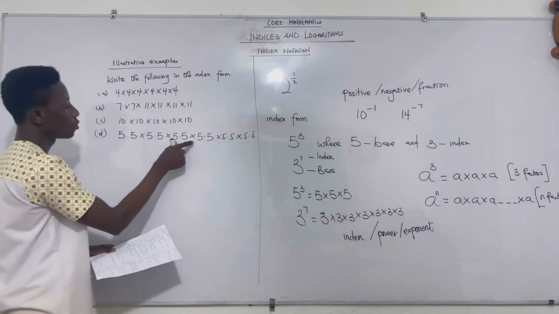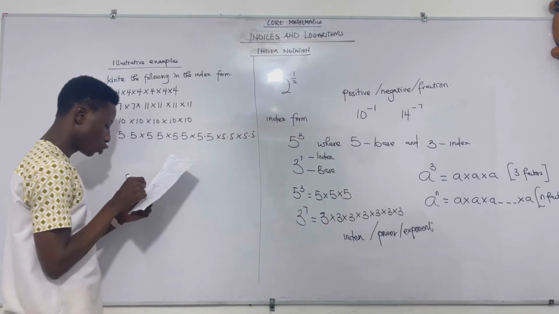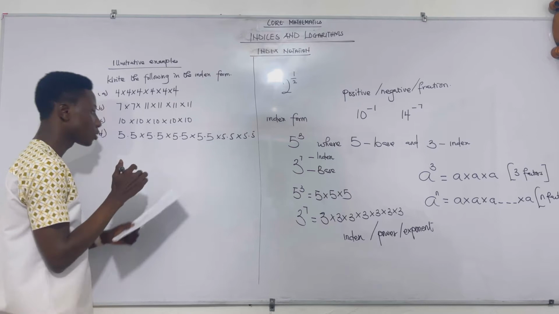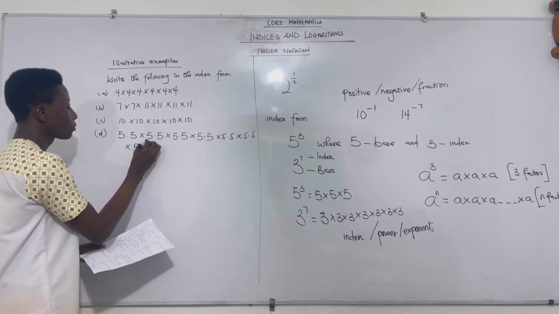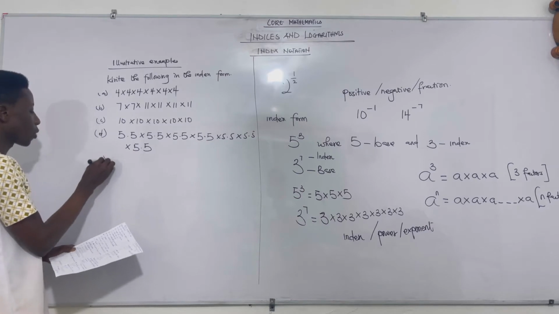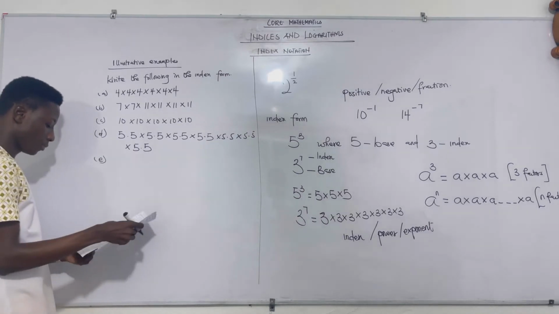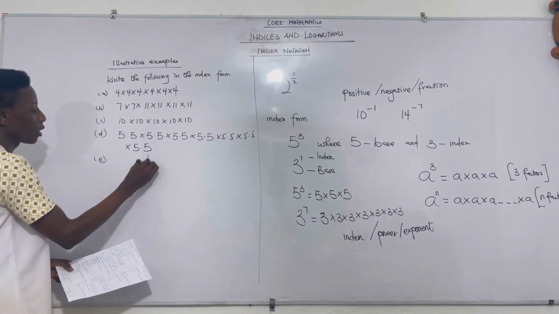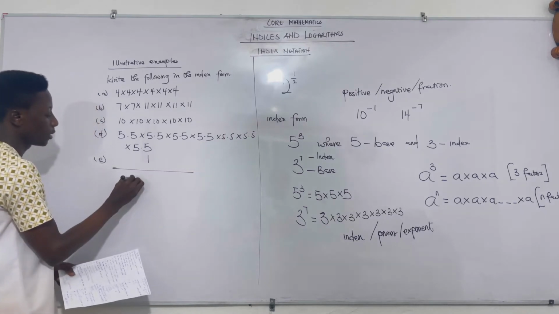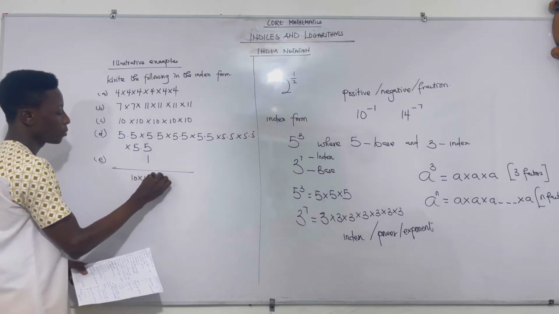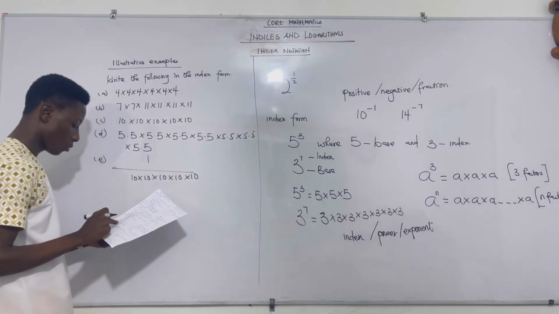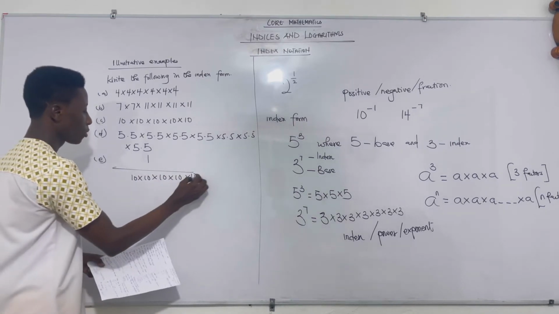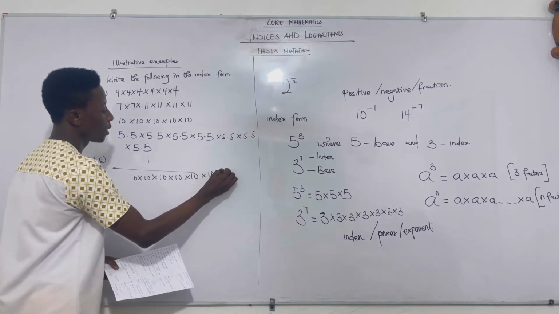Then I think one more, the last one: 1 over 10 times 10 times 10 times 10 times 10 times 10 times 10.